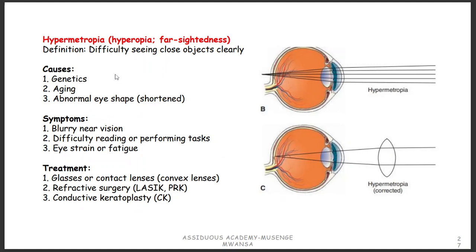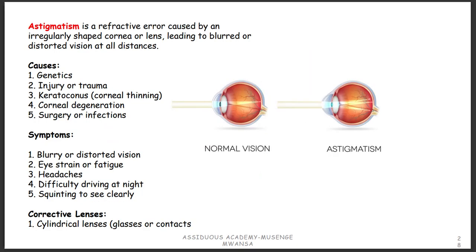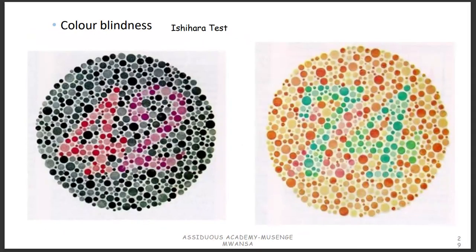Opposite for hypermetropia or hyperopia, farsightedness, the image is behind the retina. That is when you are looking at something that is near. But when you look at something that is far, your eyes are fine. To correct that, you use a convex lens. Then you have astigmatism that you can correct using a cylindrical lens.